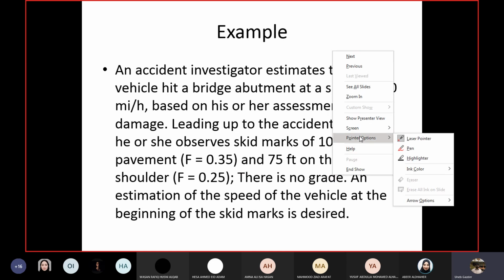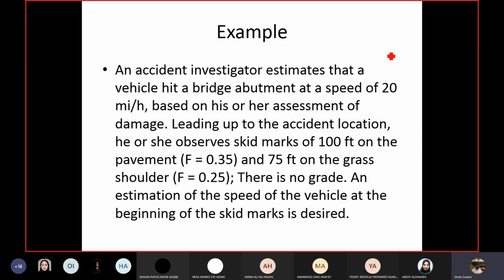Now let me try to give you a visual. This is the abutment of the bridge. This is the shoulder, and there is a grass surface here, and this is the pavement. So obviously the driver started from the pavement towards the abutment, right? It covered some distance on the pavement, then some distance on the shoulder, then went on and hit the abutment.